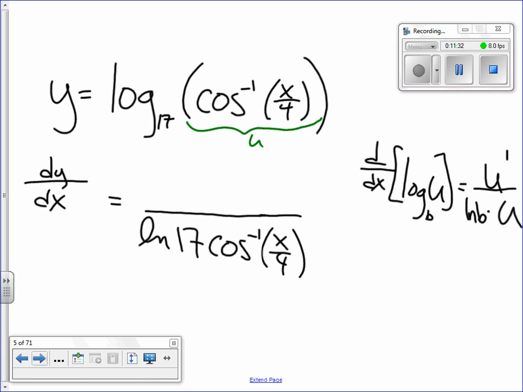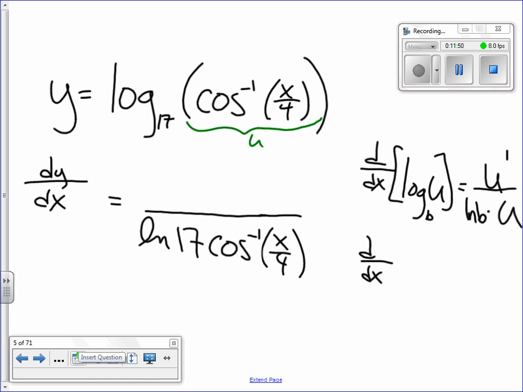If you want to put an extra set of parentheses around it, some people like that, you can. You don't need them, but you can. So we got the ln of b times u down there, but we need u prime up there. So we need to know the rule to find the derivative of inverse cosine. Better write that down over here.